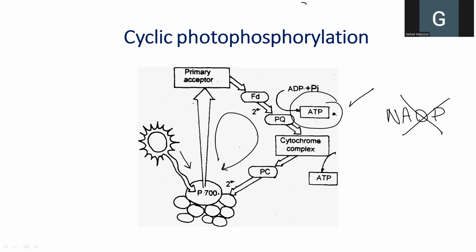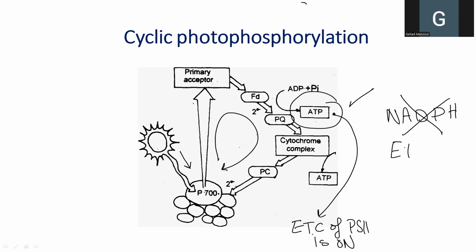If we ever ask you, why are we producing ATP here? Why did we succeed to produce ATP here? Because the electron transfer chain of photosystem 2 is on. But why didn't we form reduced NADP? Because the electron transfer chain of photosystem 700 or photosystem 1 is off.